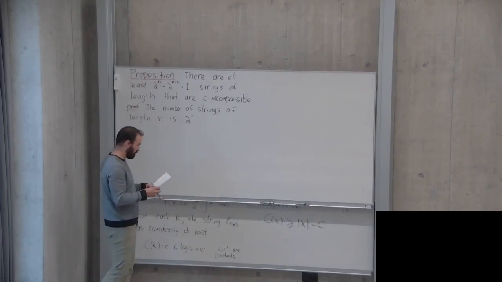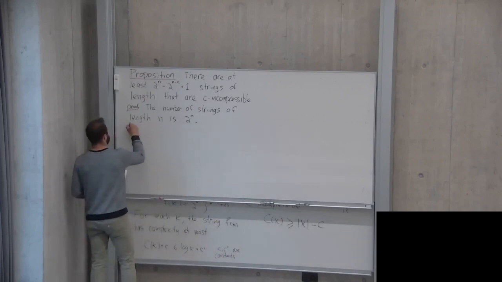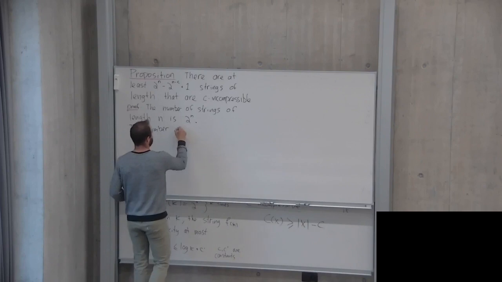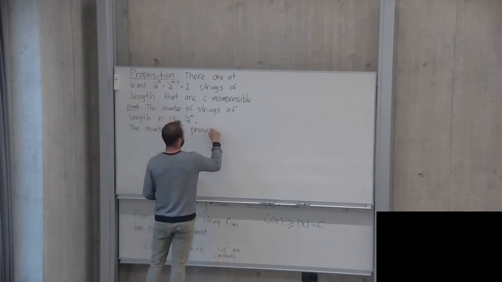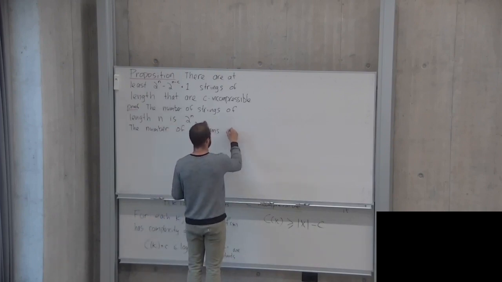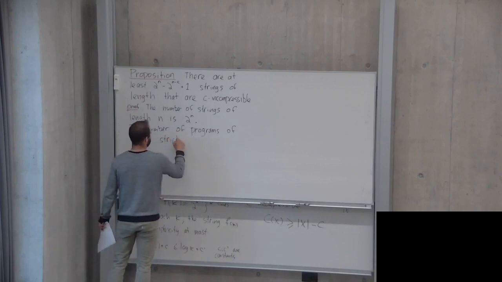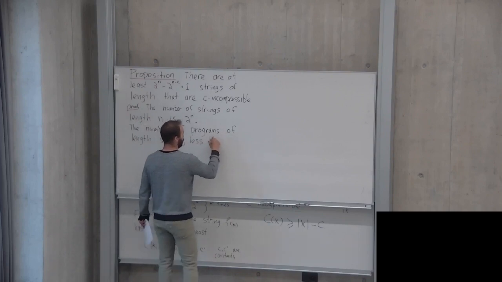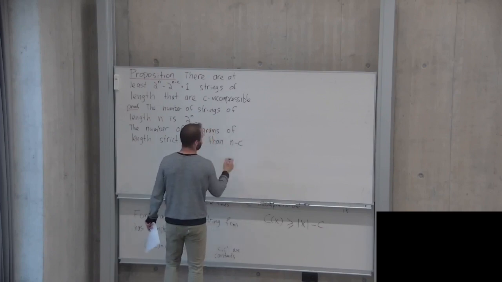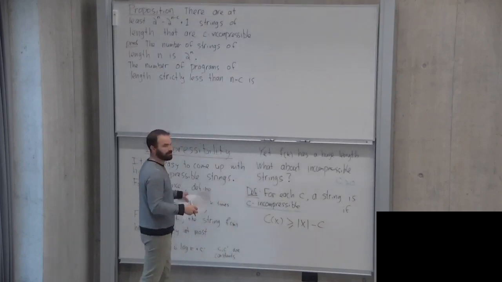And fine. The number of programs of length strictly less than n minus c is, why am I looking at programs of length strictly less than n minus c?